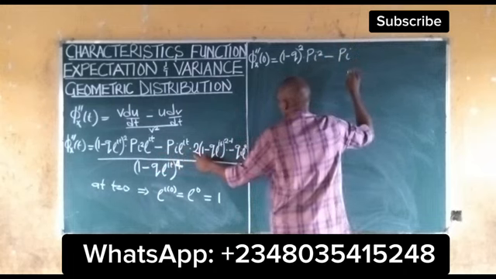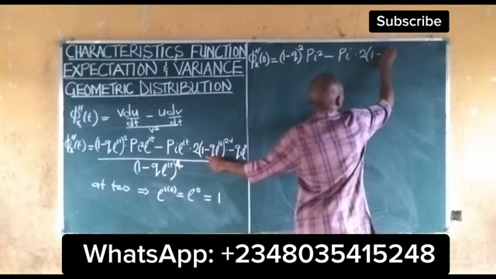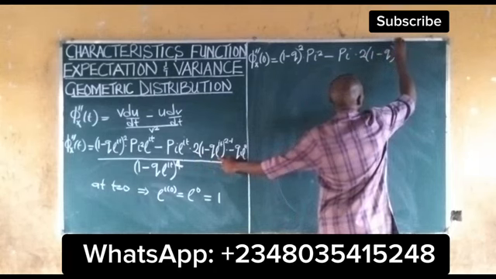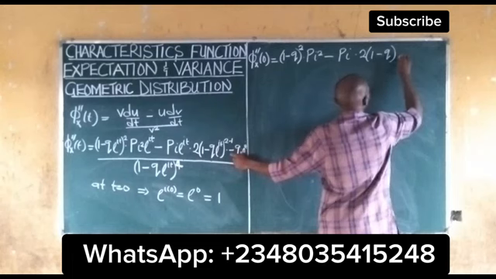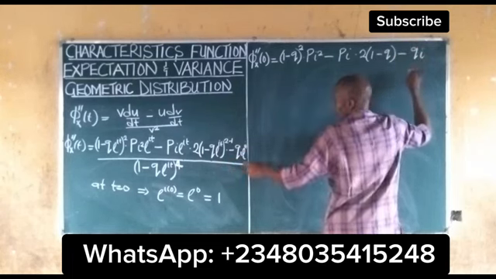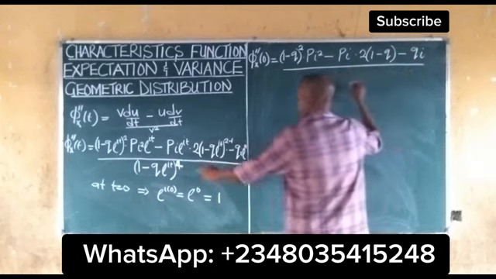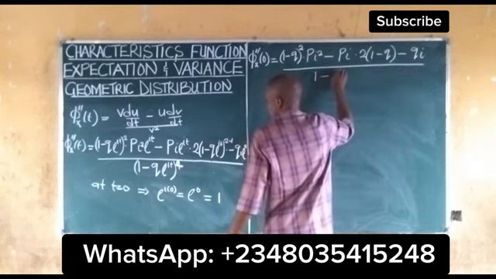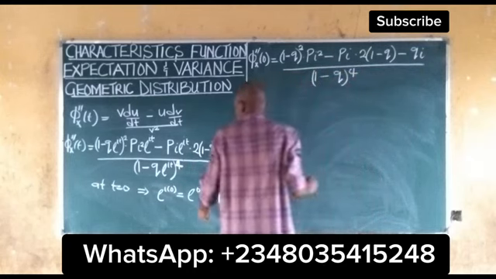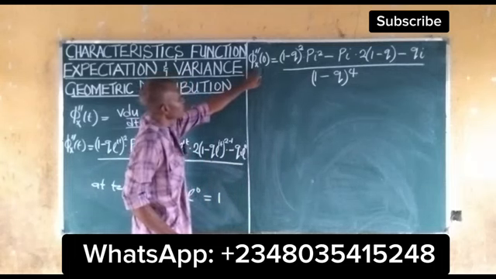This becomes 1 multiplied by 2 into 1 minus q. 2 raised to the 2 minus 1 is 1. So that goes minus q i. This becomes 1 all over 1 minus q raised to the power of 4. So this is what we get at t is equal to 0.